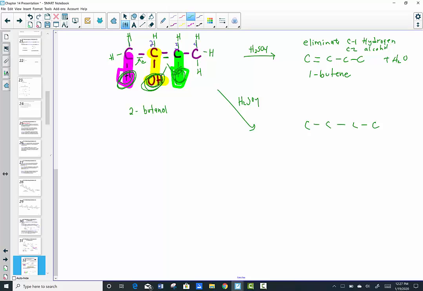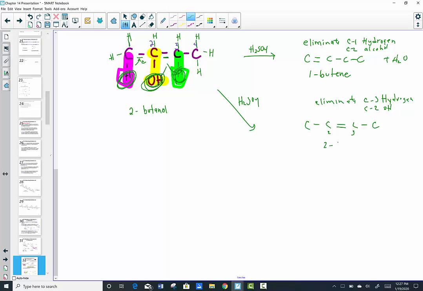So this time we're going to eliminate the C3 hydrogen and the C2 hydroxyl. And when we do so, we put the double bond between carbon 2 and carbon 3.